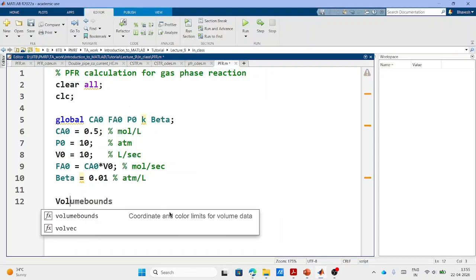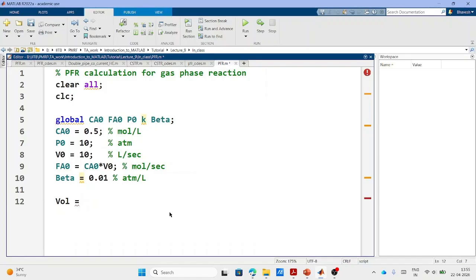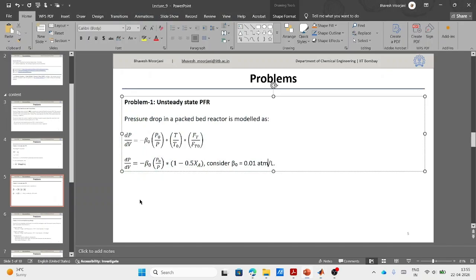Once you do that, all the information is ready. Now let's create the volume vector, which goes from 0 to 500, let's say at an interval of 10 or maybe 50. So volume changes this way.